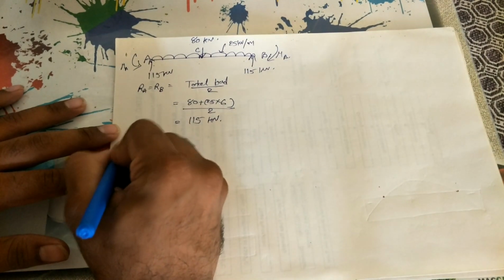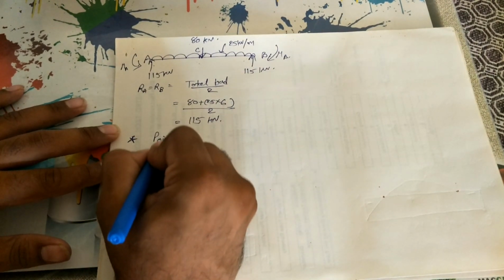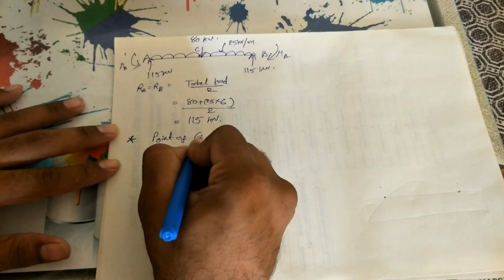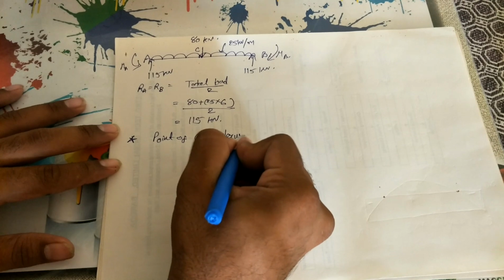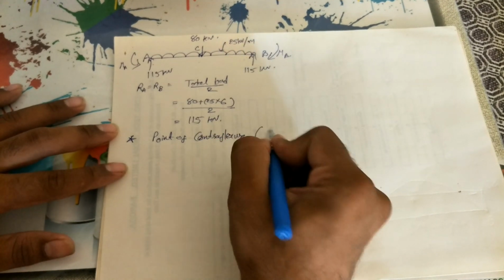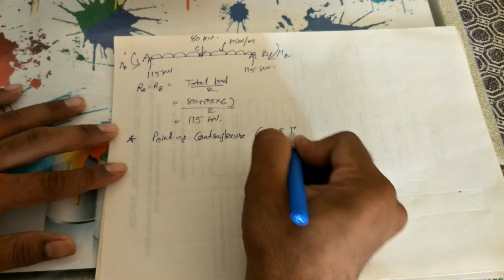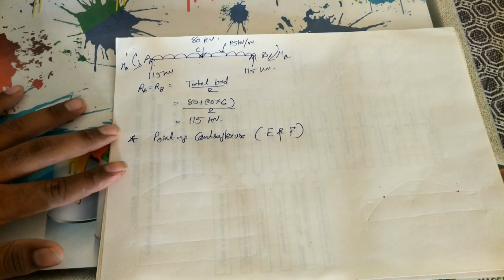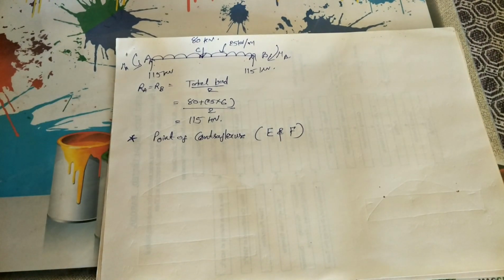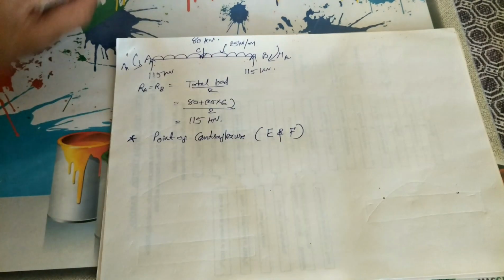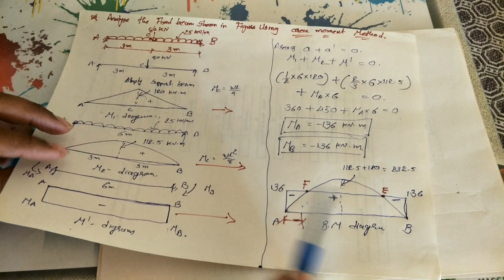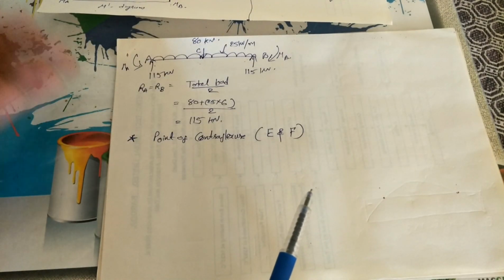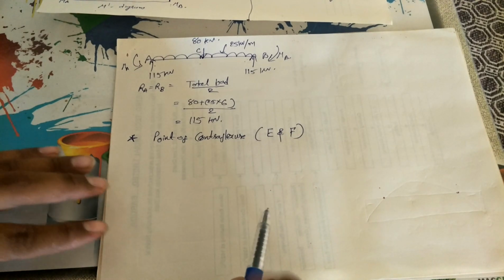Let us take the points of contraflexure as E and F. See, both values are 136, so both points change sign at equal distance from both ends. Let us take this one support A.